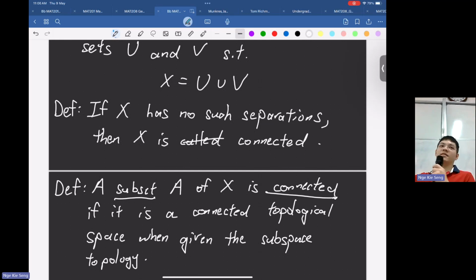So how is it a topological space? When it is considered with the subspace topology on that subset. Does it make sense? So when you talk about a subset of a topological space being connected, usually we just consider the subspace topology, not any random topology you put on the space.